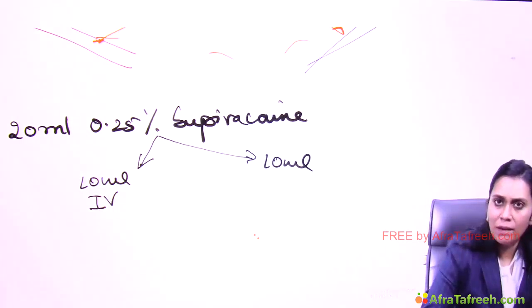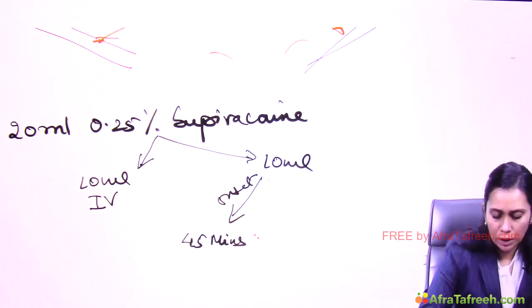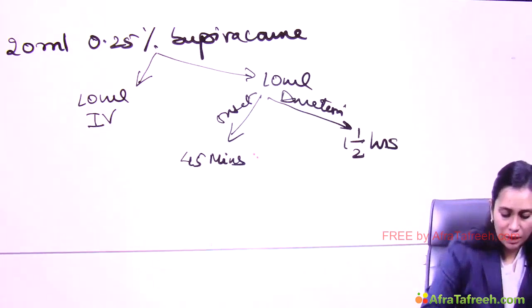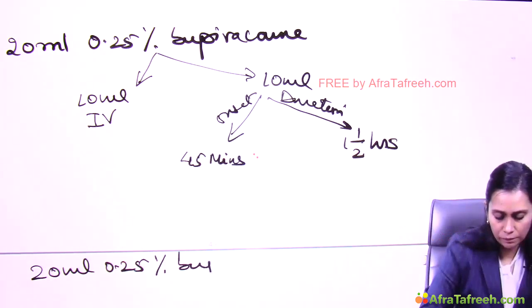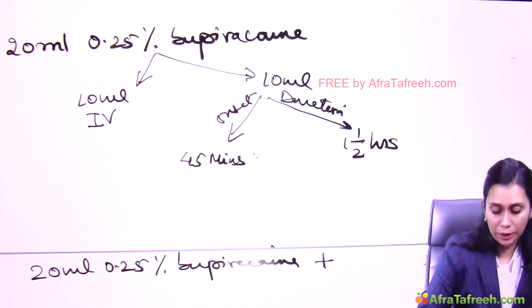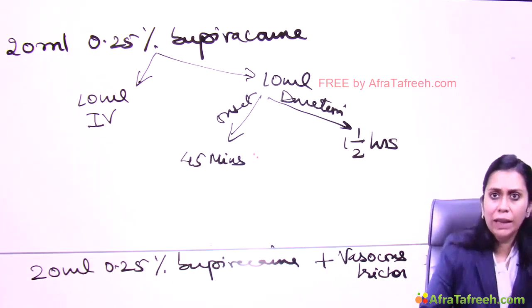The 10 ml which remained there locally for the action produced the onset of block within 45 minutes and duration for, let's say, 1.5 hours. Okay? But let's say with 20 ml 0.25% bupivacaine, I add something called a vasoconstrictor, like adrenaline, phenylephrine, any vasoconstrictor.